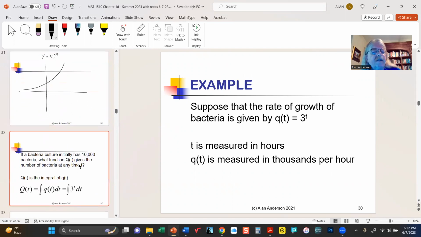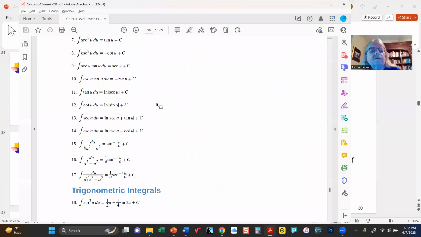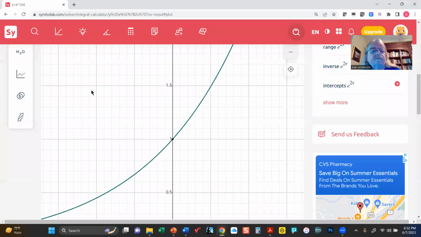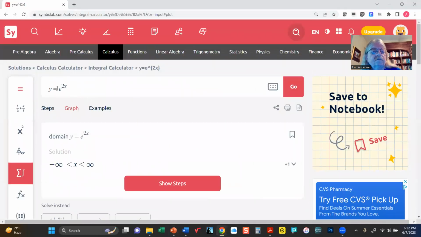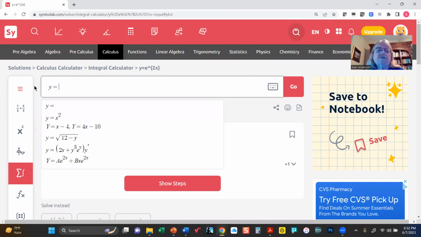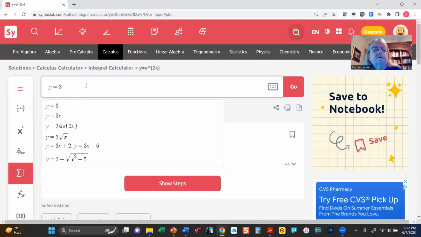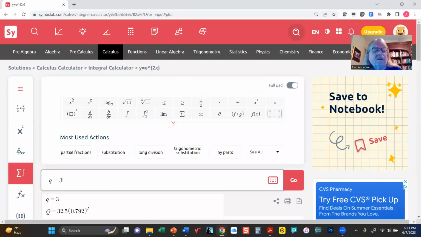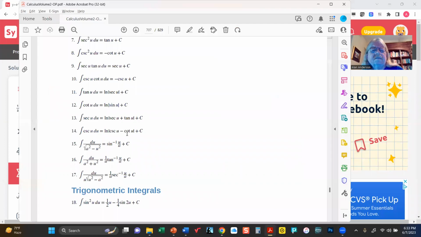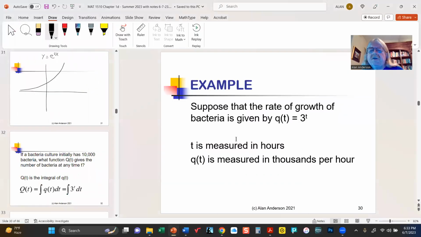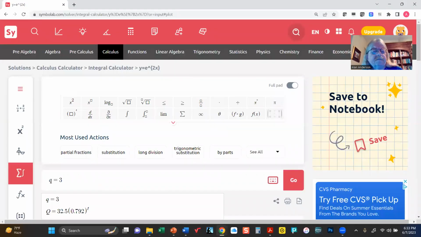So the graph of that, 3 to the t, let's go back here and look at it. I'll just call it 3 to the x. I don't think Symbol Lab cares what we call it. Let's try, just to make sure, Q equals 3 to the t power.